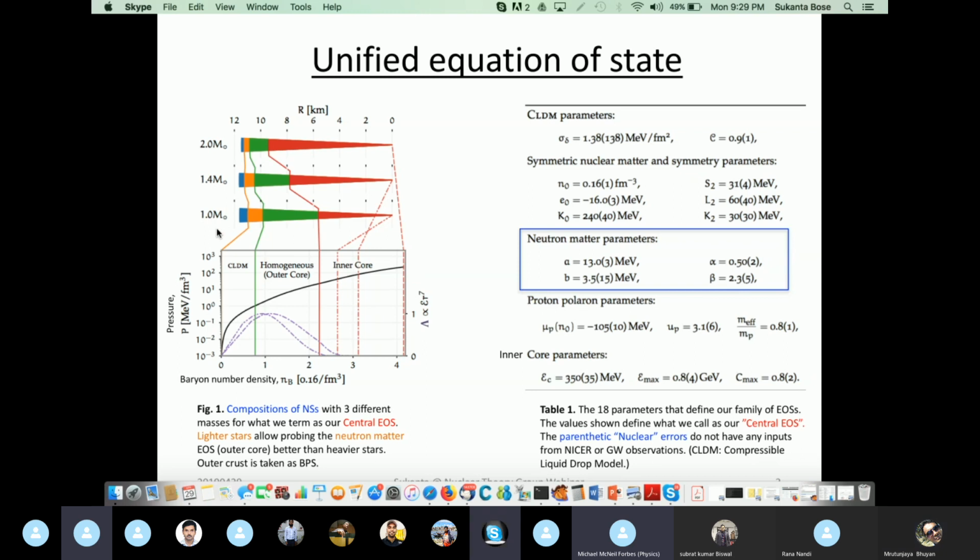If we have observations of low mass stars, maybe 1 or 0.9 solar mass type stars, then we can have some hope of this crustal part influencing the tidal deformability. But we still believe that it will have a relatively smaller influence compared to other parts of the star. Okay, thank you very much.